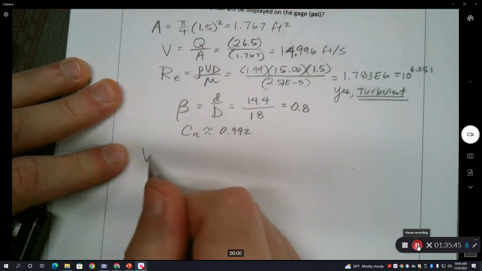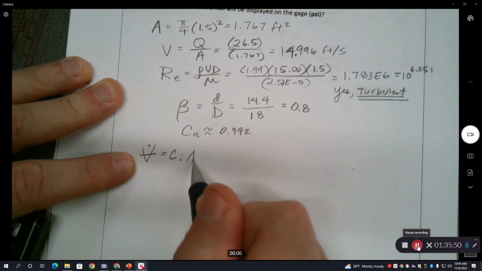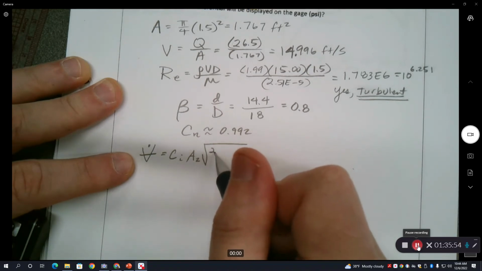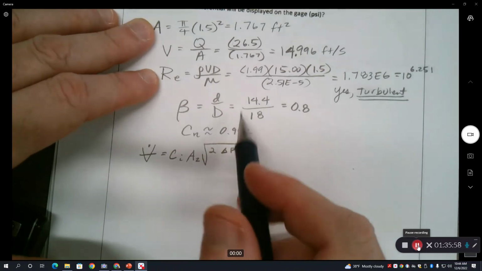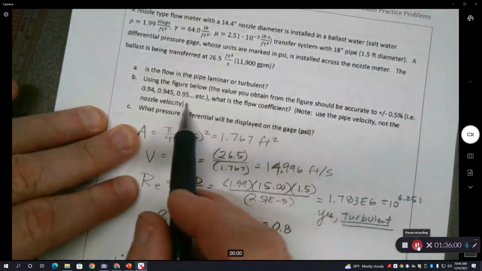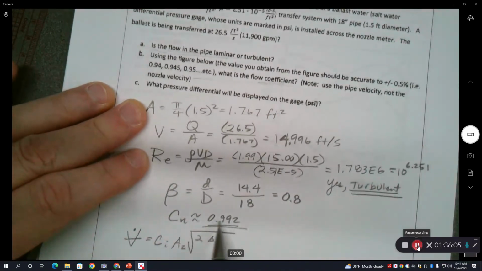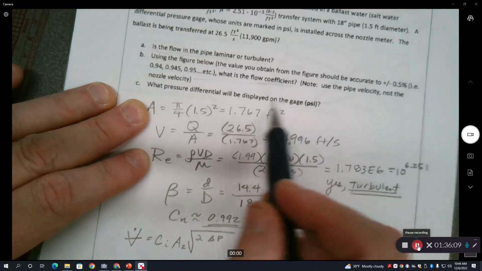So on my sheet, I have it written down this way right here, so I write the same way. 2 times, now this, we can write this one as delta P. That's what we're really looking for.